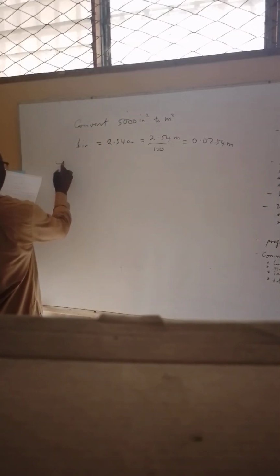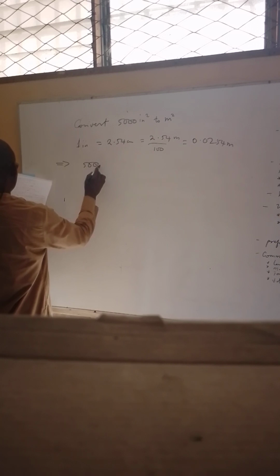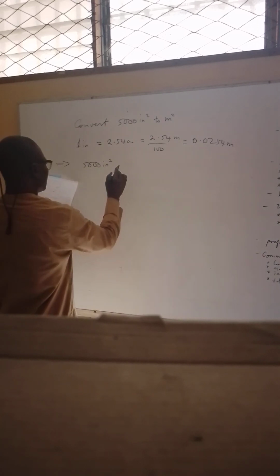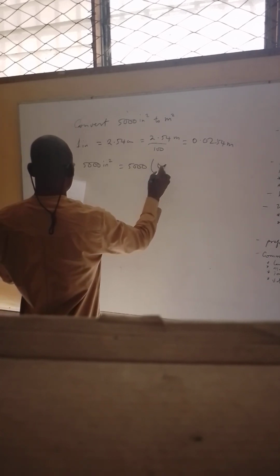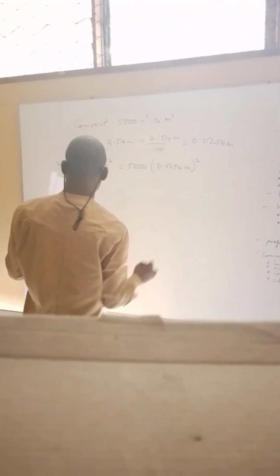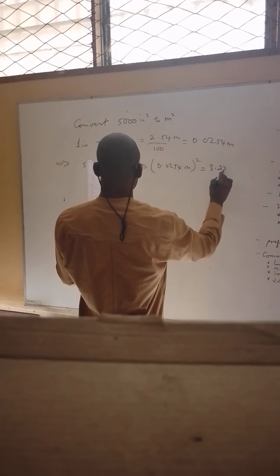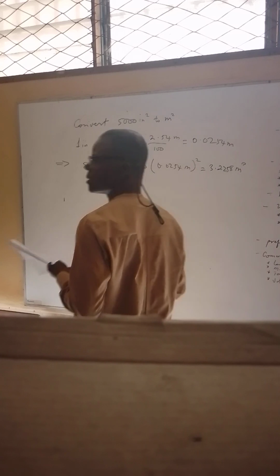Now, we have our 5,000 inch squared equal 5,000 times 0.0254 meter squared, which is equal to 3.2258 meters squared.